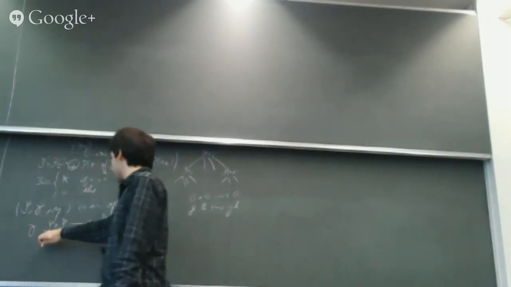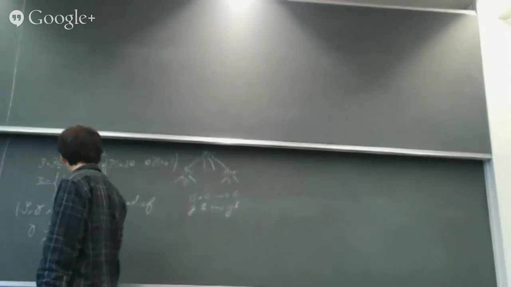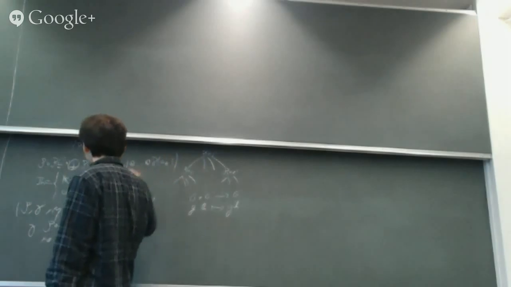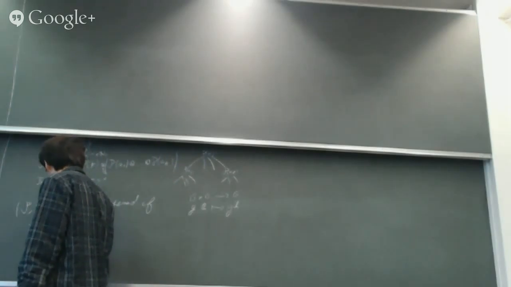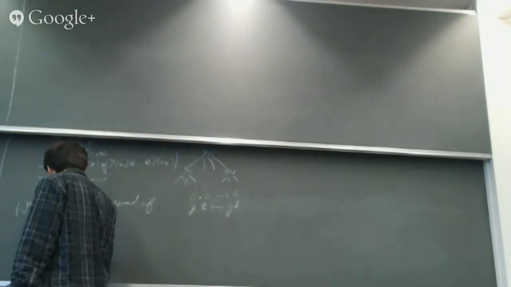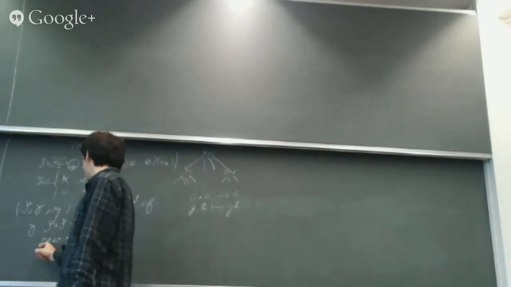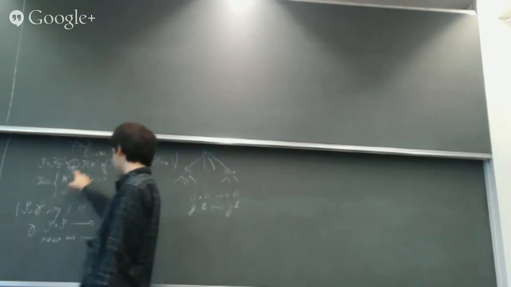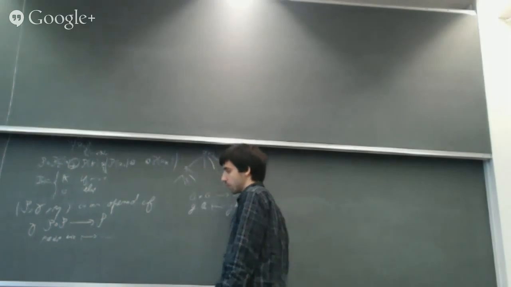So since this is some tensor product of spaces, I should denote this by mu tensor, say alpha 1 tensor alpha k being sent to something else, where this is the special one, the one that receives the inputs, and these correspond to the inputs.